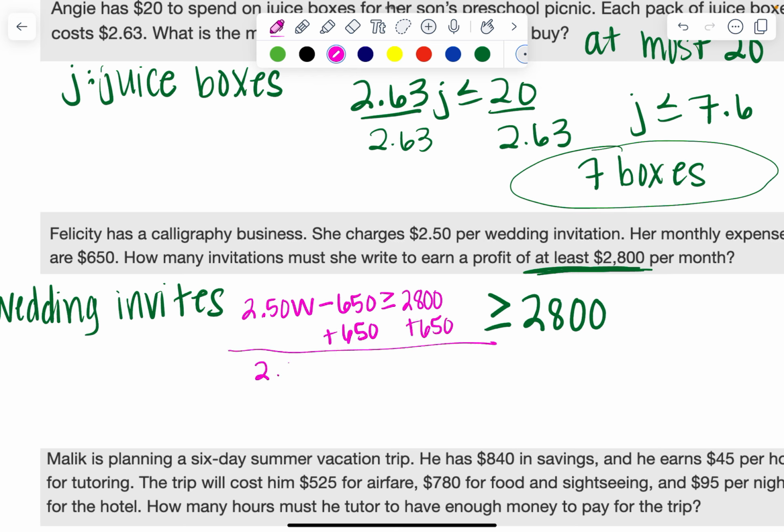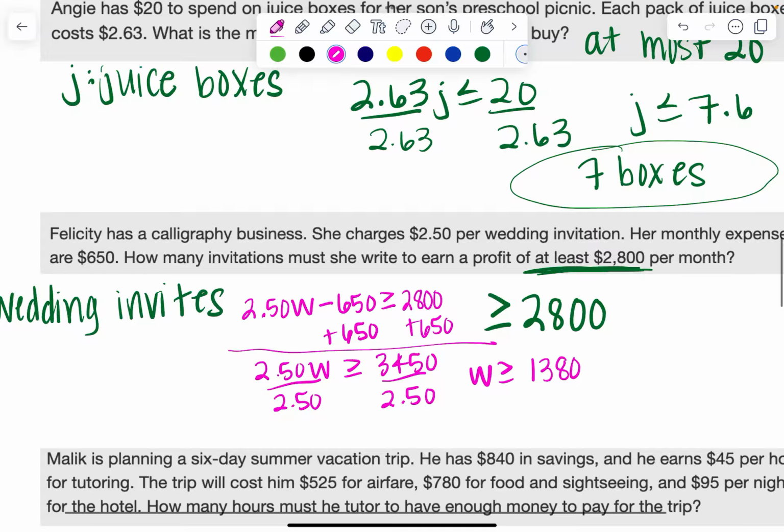And then we have 250W greater than or equal to 3,450. And then divide by 250. We would get that W is greater than or equal to 13.8. So she has to make at least 14 invites.